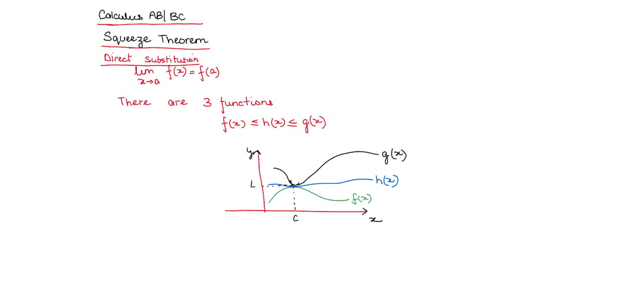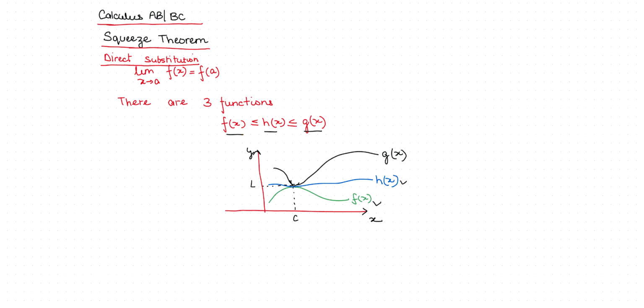So suppose there are three functions f of x, h of x, and g of x. So f of x is less than h of x and h of x is less than g of x. So we can draw a graph like this. Here we see that f of x is the smallest, then h of x and g of x.